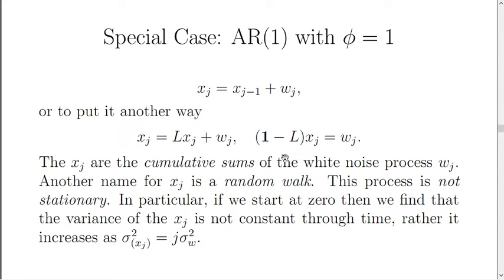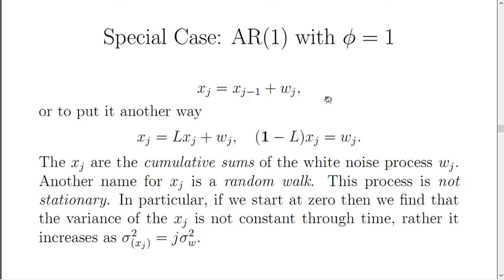And I can also write it in this form as in 1 minus the lag operator, operating on the data series, gives a white noise process. In this case, with this process, the x values are the cumulative sums of white noise. Another name for this is a random walk.